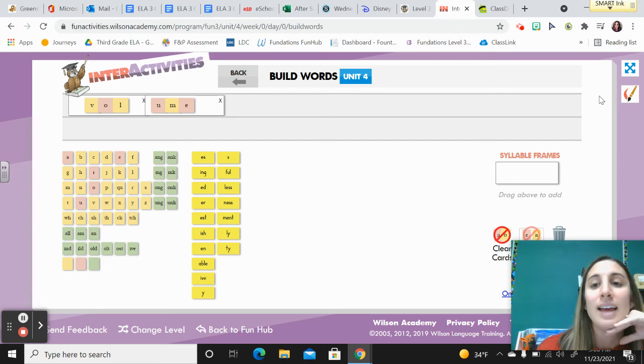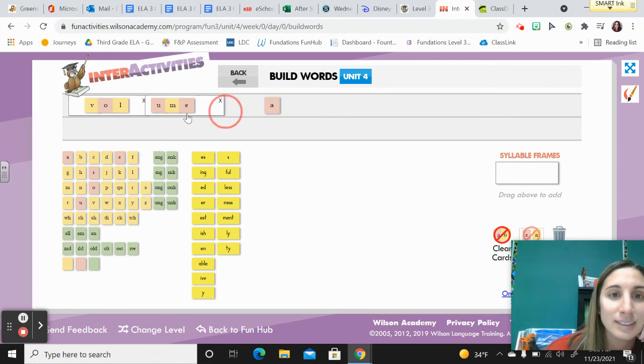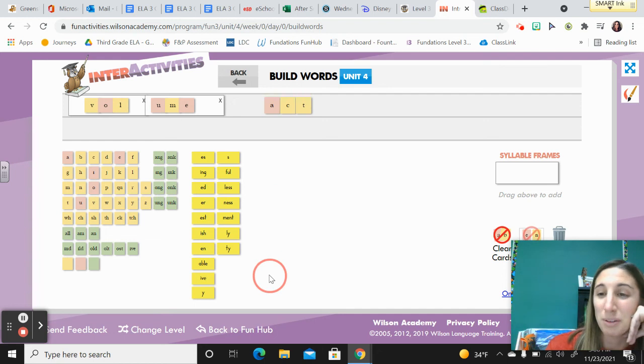Actively. Say it. Actively. Okay, so our word, we have a base word, act. Do you remember? Right. Act. Now this one has two suffixes. Iv. Where is my iv?